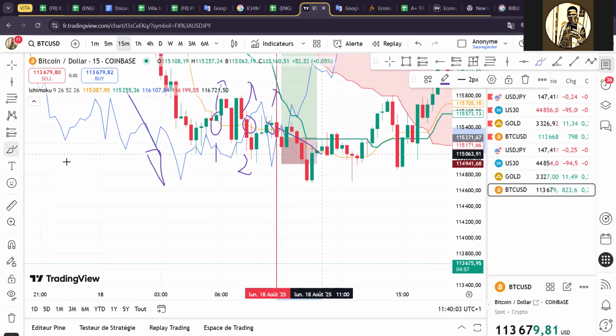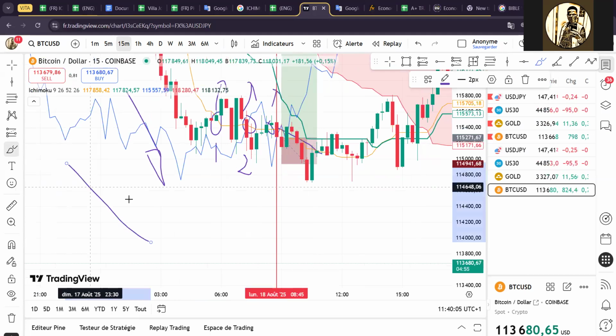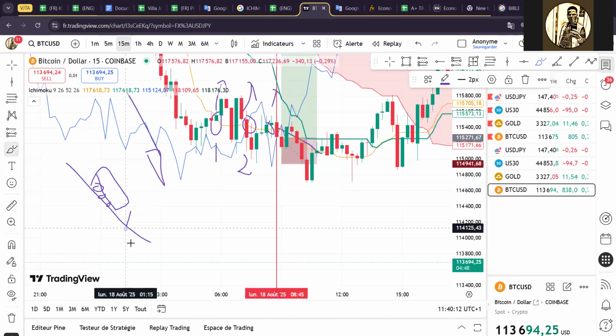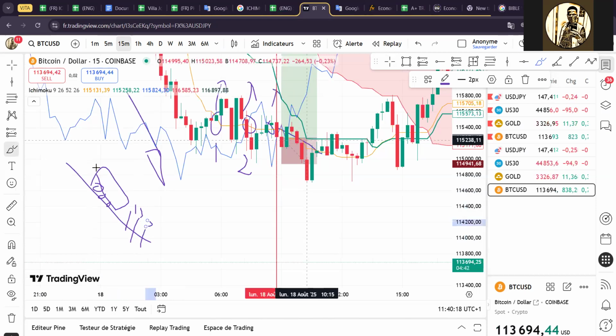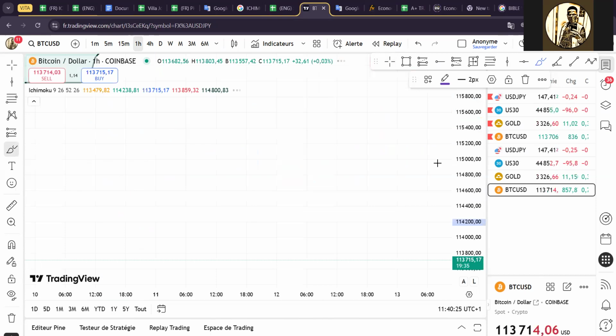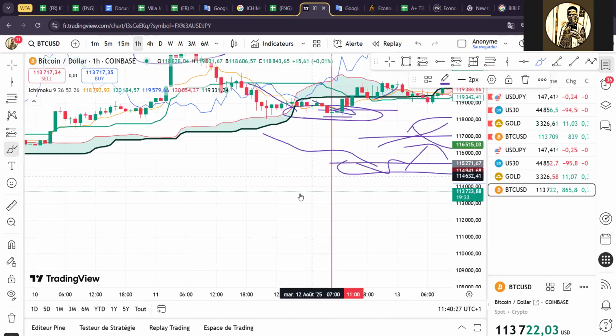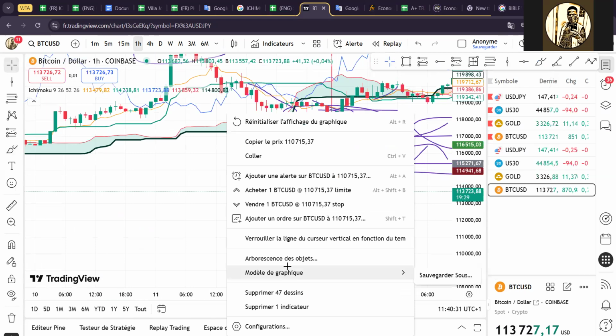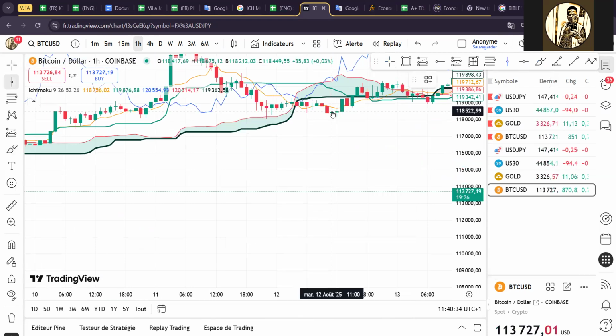What does it mean? It means that if a car is going down, it did not yet finish stopping its downtrend speed, right? Even after 1, 2, 3 breaks from the higher time frame, this car still has speed. That's why the price is still going down. And if you go on 1 hour, you will see that it was this candle.